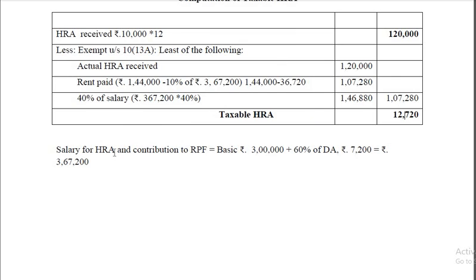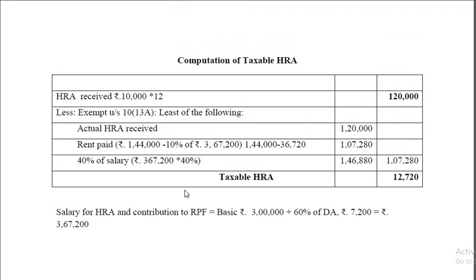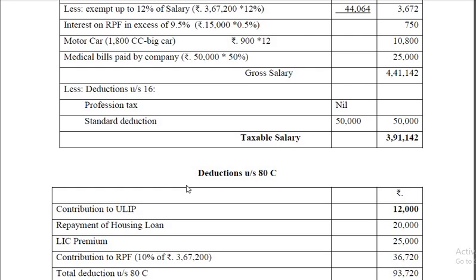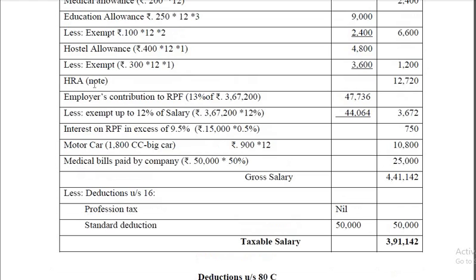Salary here means basic plus that part of DA which enters into retirement benefits, that is 60% of 12,000, taken together 3,67,200. So we have learnt the HRA computation, taxable part of HRA.